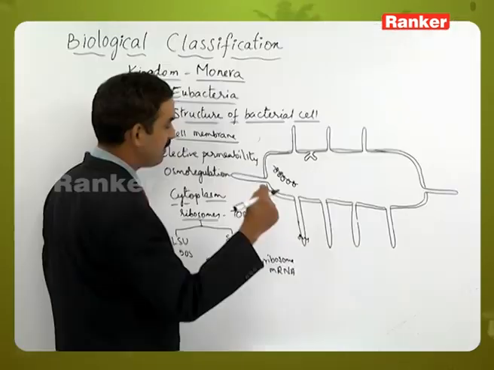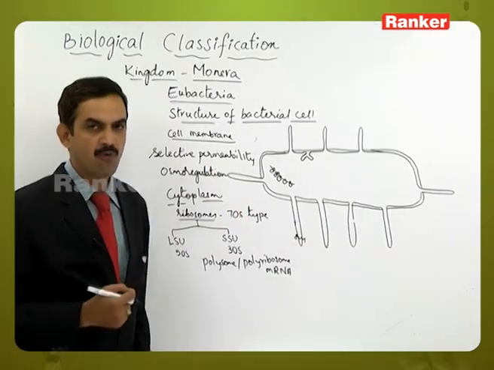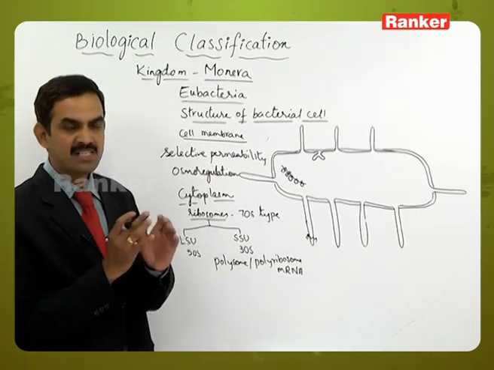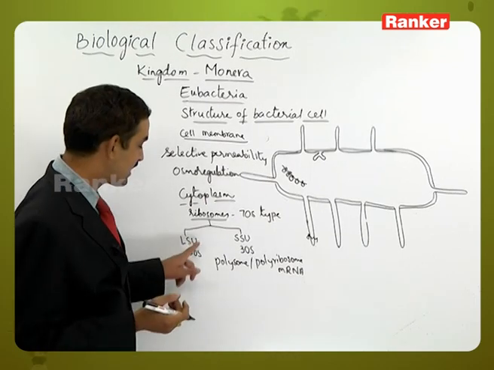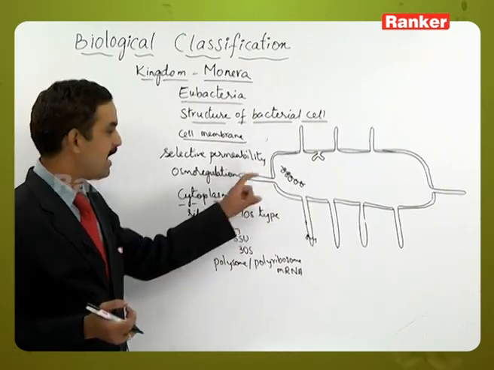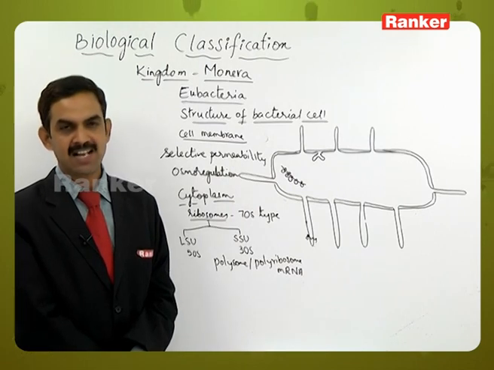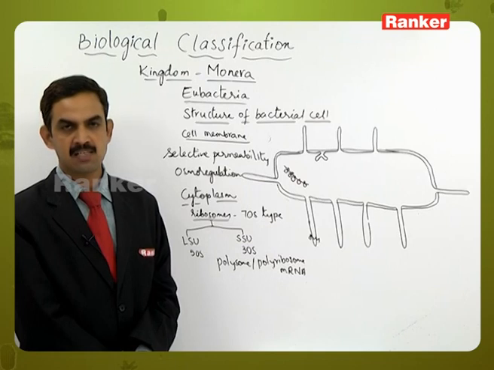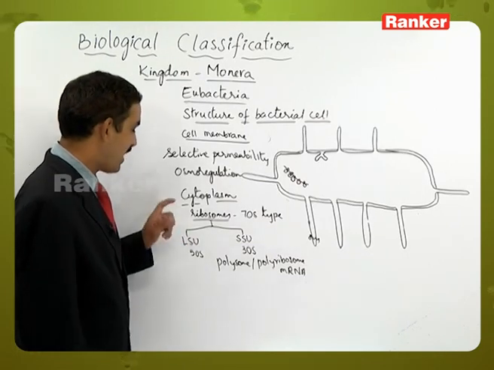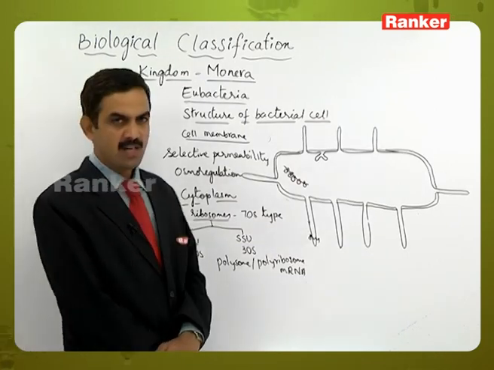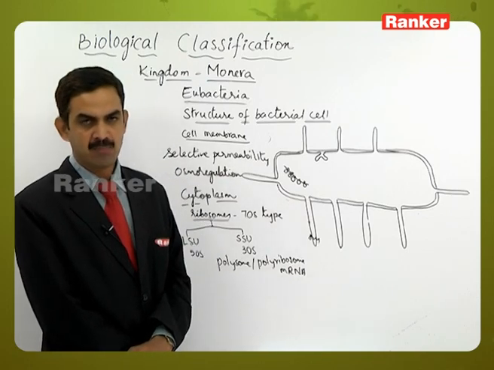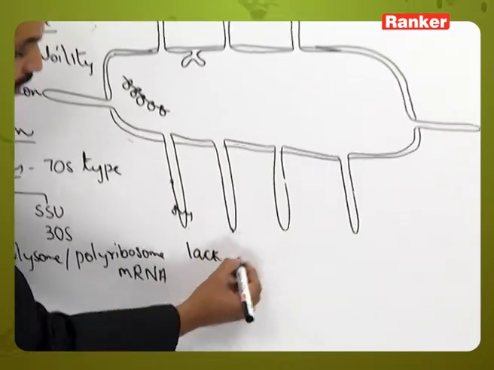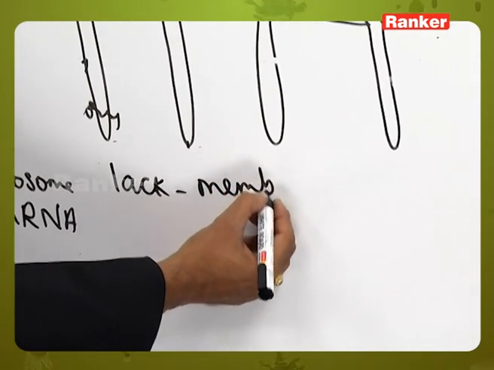That is, mRNA will hold all these ribosomes in the form of a chain, and once protein synthesis has been completed, all the ribosomes, the smaller subunit and the larger subunit, will be separated from each other, and mRNA will help in detachment. Apart from the ribosomes, the bacteria generally lack membrane-bound cell organelles.